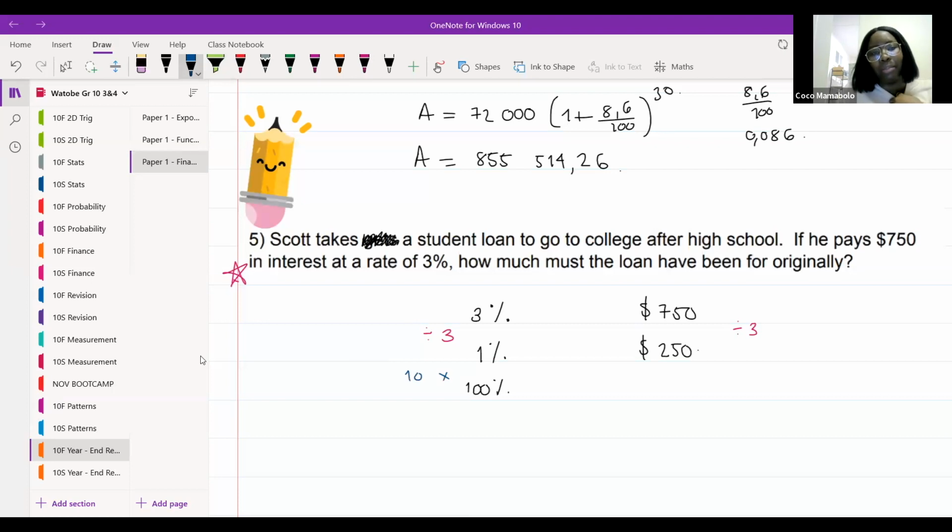We're going to multiply both sides by 100. So what is 250 multiplied by 100? How much did he actually take out as a loan? That's it. He took $25,000 out as a loan amount.